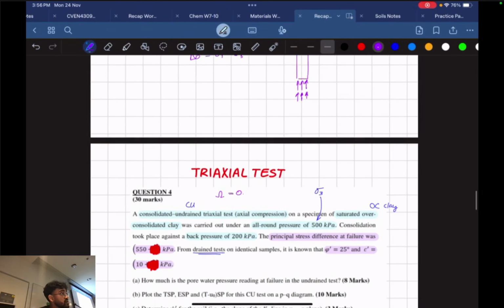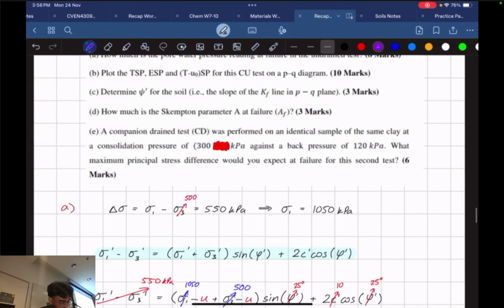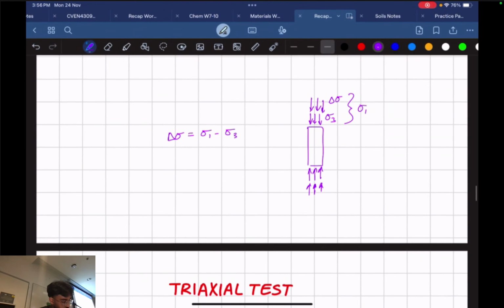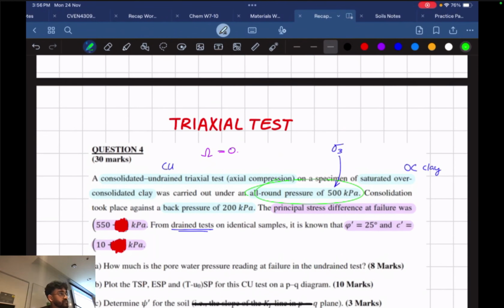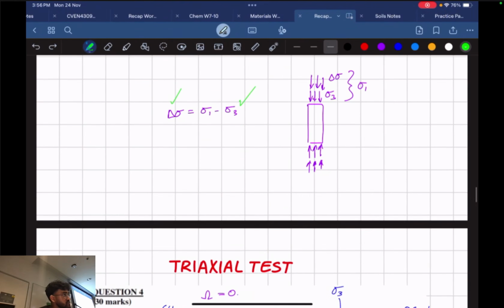Alright, cool. So they've given us this value, and they've also given us the value for sigma 3. Sigma 3 is just your all-round pressure. They might word it a bit differently, like the initial vertical stress, but that'll be your sigma 3. Because we know sigma 3 and delta sigma, you can find sigma 1. Sigma 1 is just delta sigma plus sigma 3, so your stress difference plus your all-round pressure.